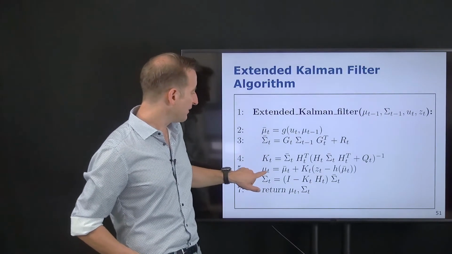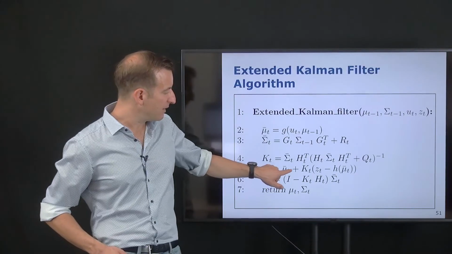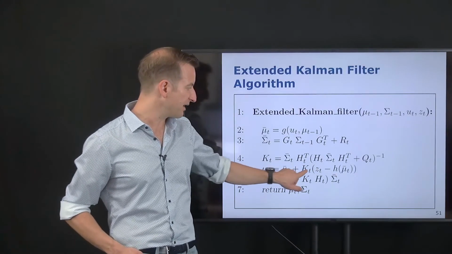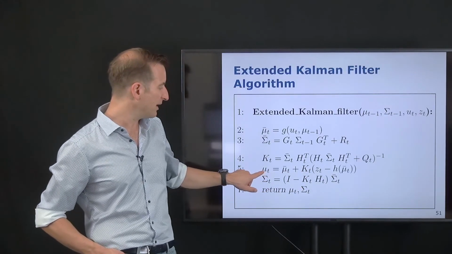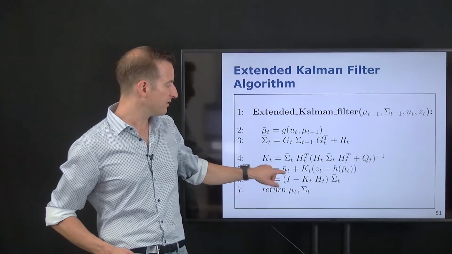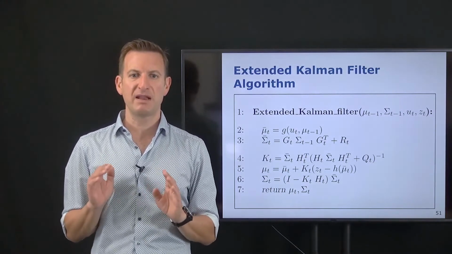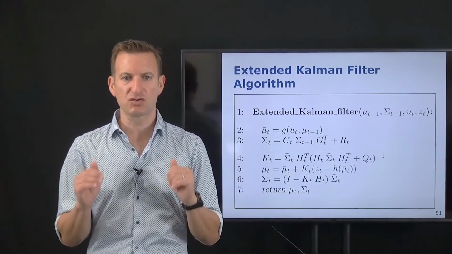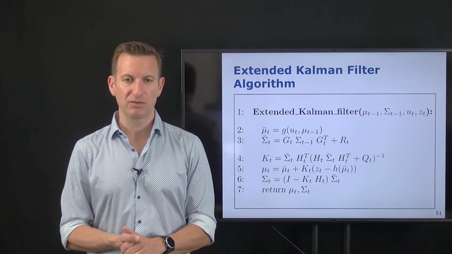If I now go to the next step, say my current belief is my predicted belief plus the Kalman gain times something, and the Kalman gain is a 0 matrix, everything will cancel out. The only thing which remains is the current belief: the current mean is the predicted mean, which makes absolute sense. If my sensor doesn't provide me any information, what I should do is trust my prediction. And that's exactly what happens.